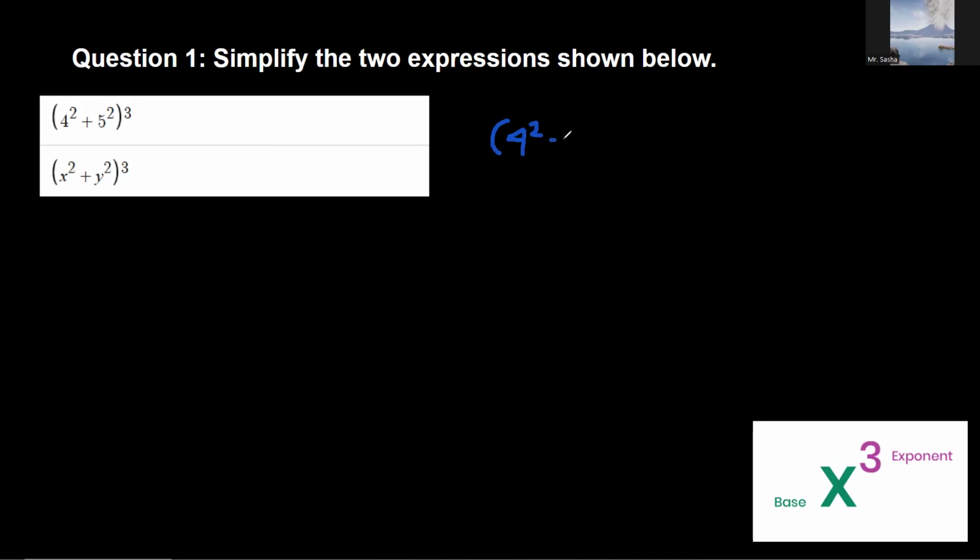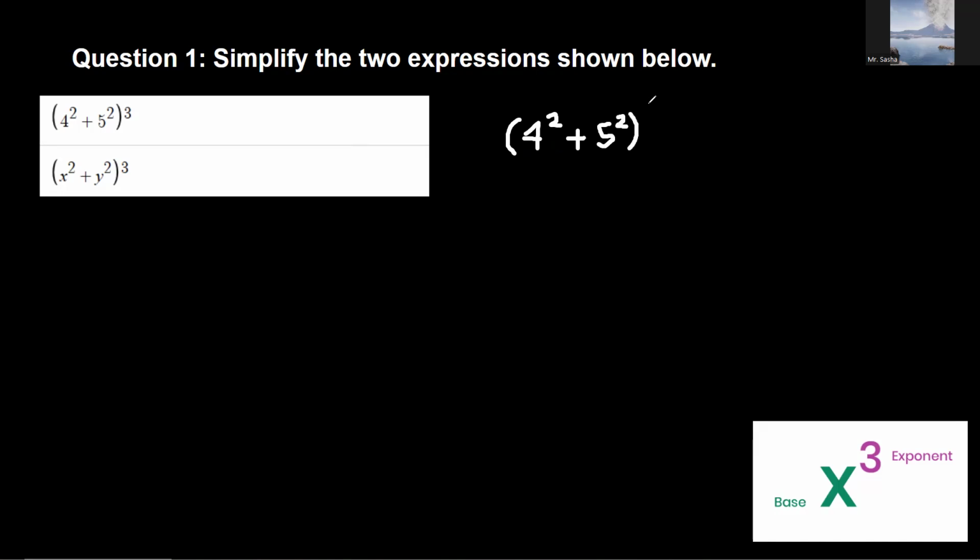Now we can solve that. Let me change the color to white. Here let's put 4 squared plus 5 squared. You can see that it's very similar to the Pythagorean theorem, right?